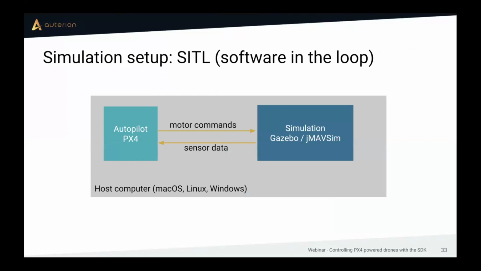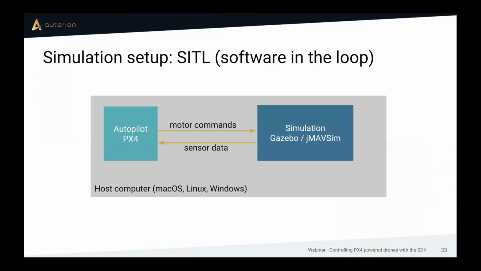Before I start the demo, I'd like to explain a bit what simulation setup I have. So it works like this. We have two boxes in this graph. On the left side, we have the PX4, which is the actual autopilot code that is running on your drone. And on the right side, we have the simulator. So it could be Gazebo, jMAVSim, or others.